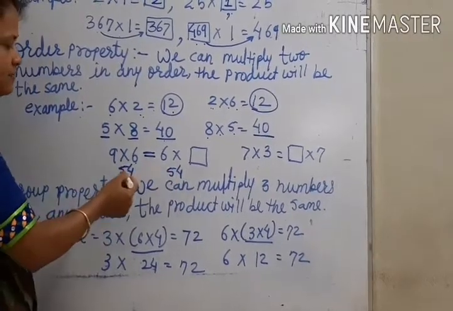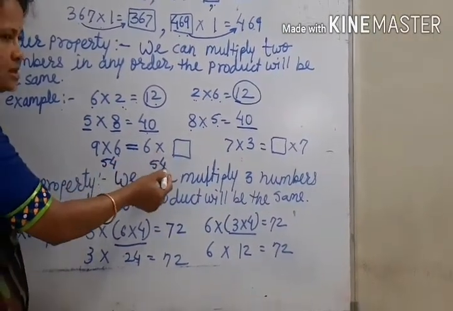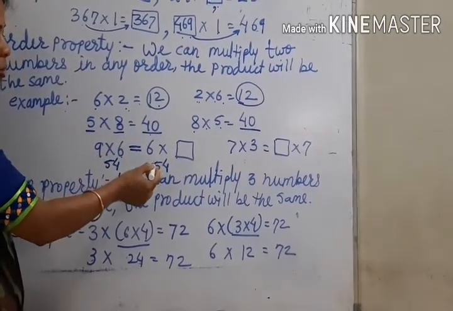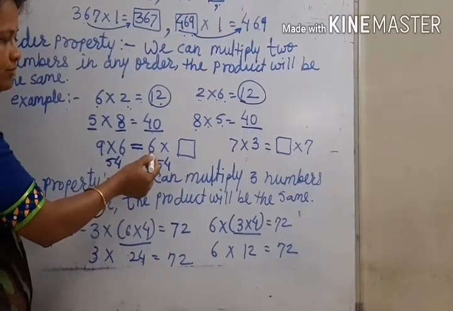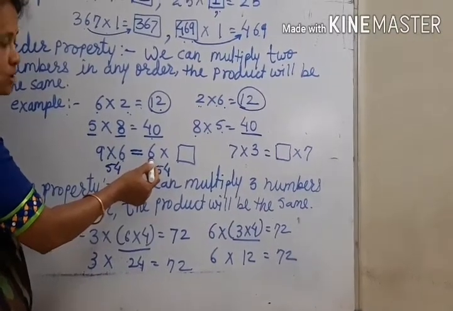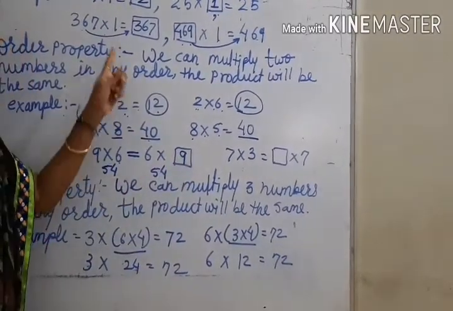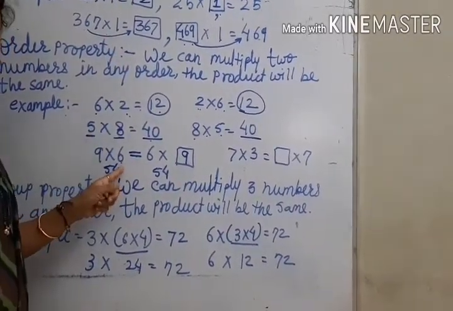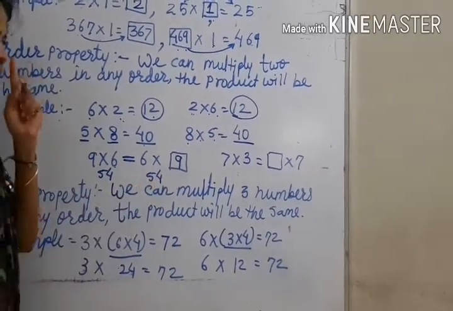So how can we get the answer 54 here? What number do we have to multiply by 6 so that we will get the answer 54? We have to write here 9. This order property tells us that if we change the order of the numbers, the answer remains the same.